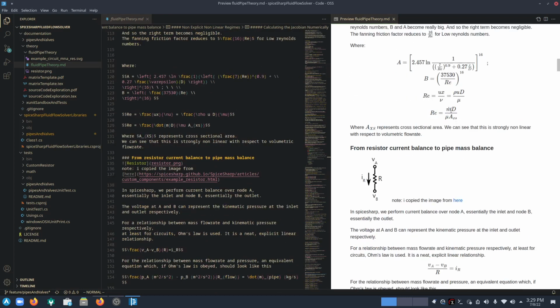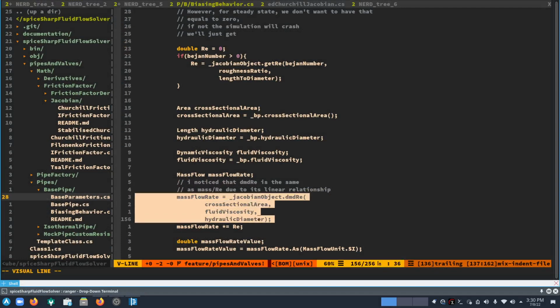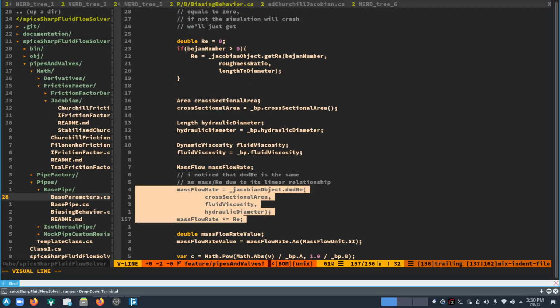You'll notice that dmdRe is just mu times the cross-sectional area divided by d. If I want to get the mass flow rate, I just take the Reynolds number times mu times cross-sectional area divided by d. So dmdRe is mu times area divided by d. Honestly speaking, this is a cheap computation. Then I multiply by the Reynolds number.